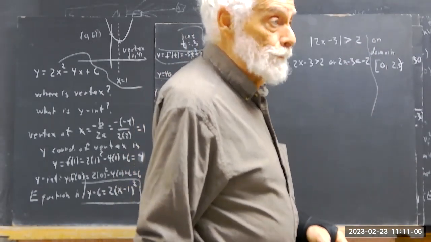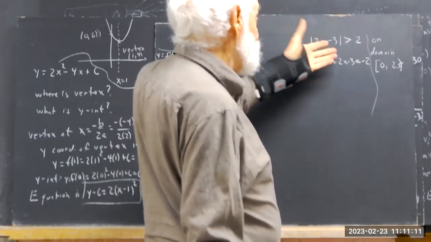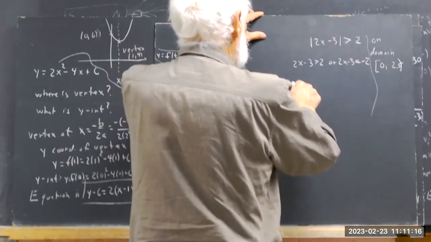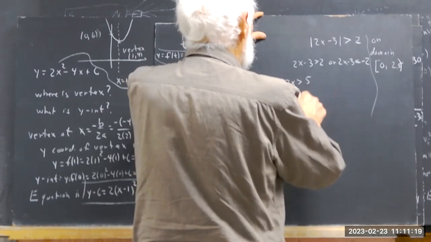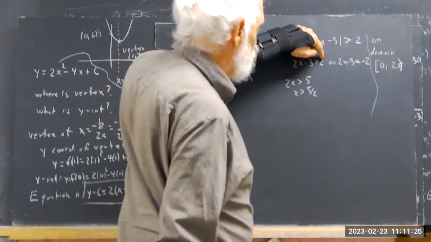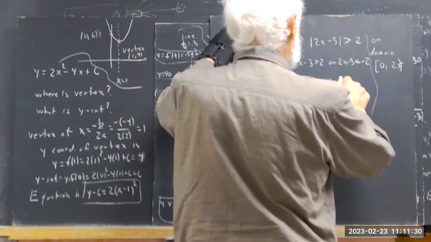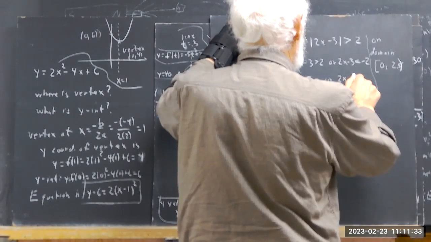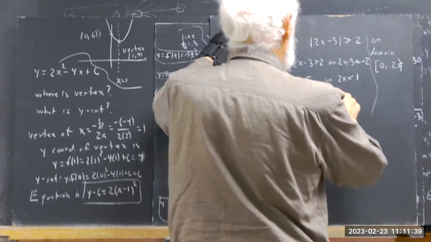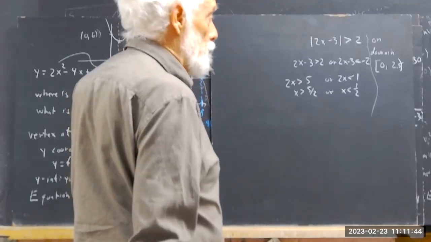And of course, if this quantity is greater than 2, well, its absolute value is going to be greater than 2. So we solve these two inequalities, we get 2x greater than 5, so that x is greater than 5 halves. We just add 3 to both sides and then divide by 2. And then here we get 2x less than 1, x less than 1 half.